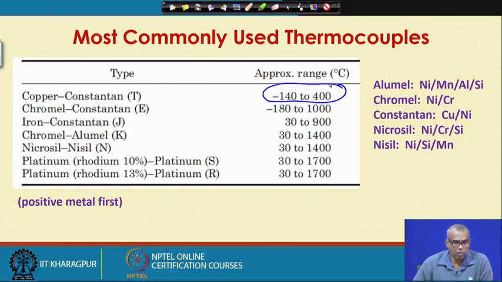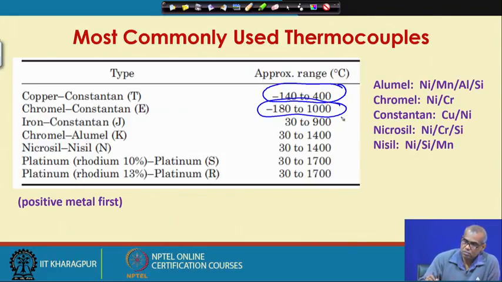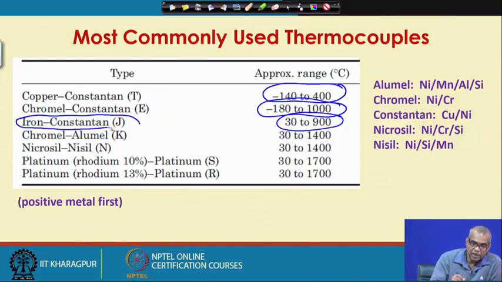Similarly, chromel constantan thermocouple, which is known as type E, can be used in the range of minus 180 to 1000 degree Celsius. Iron constantan can be used for 30 to 900 degree Celsius, and this is represented by letter J. So, type J is iron constantan thermocouple.